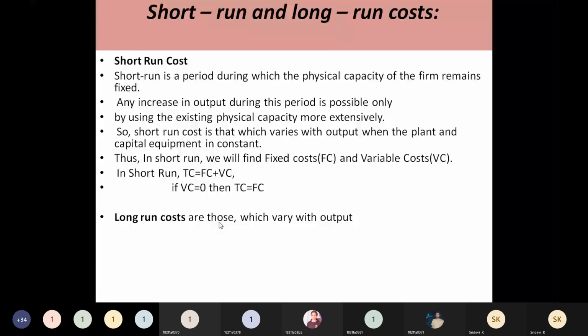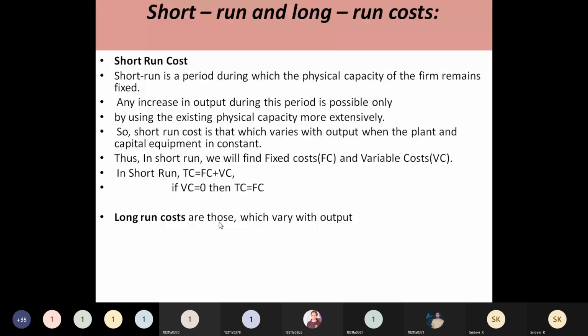And coming to the long run, long run means a long period, more than 5 years. There you can vary even output, even technology you can change. Everything means here every input can be changed.